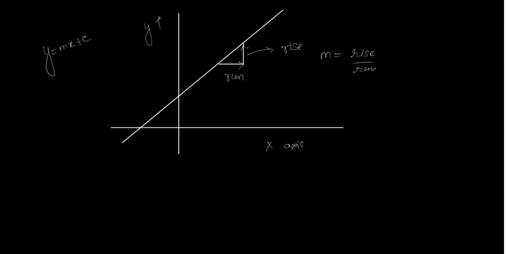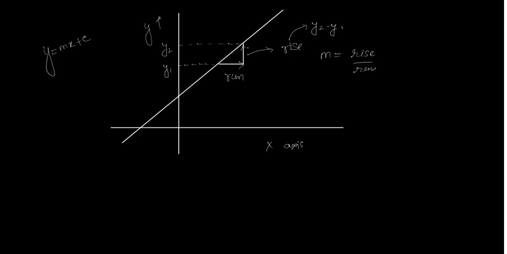So let us suppose you have earlier coordinate as y1, and this coordinate is y2. So this rise is y2 minus y1. That's why we write y2 minus y1.